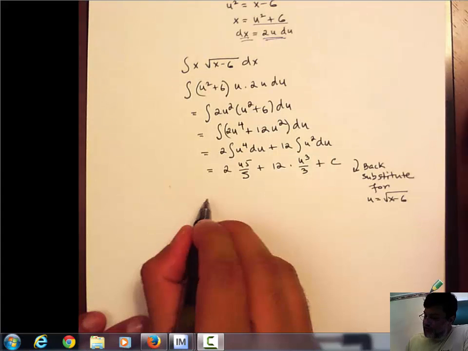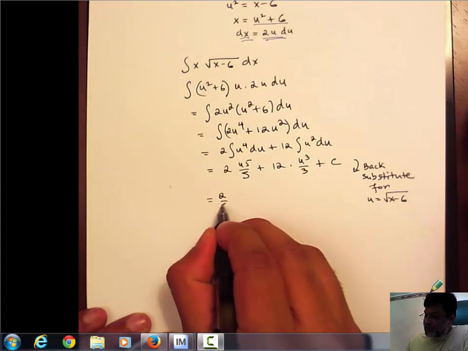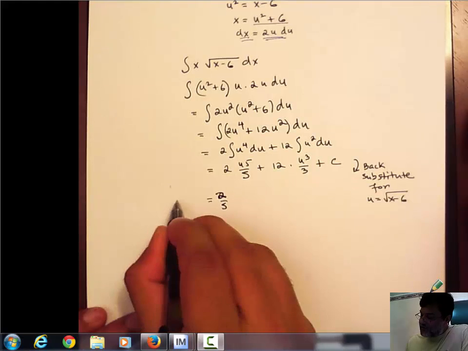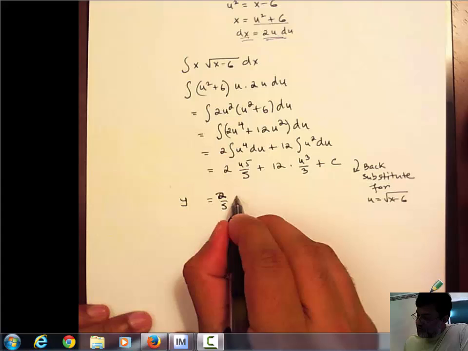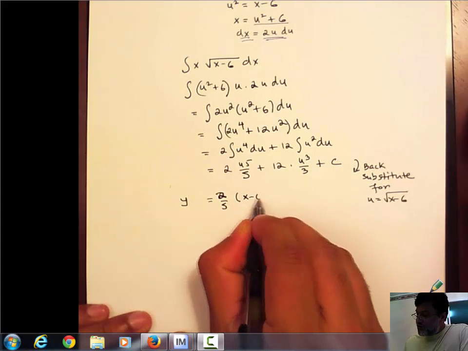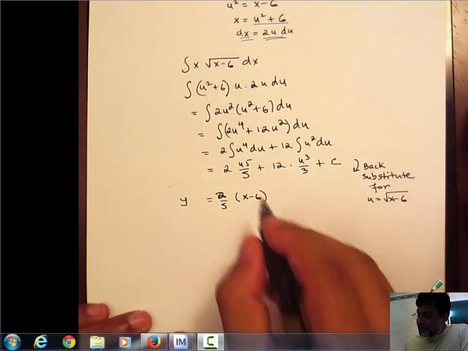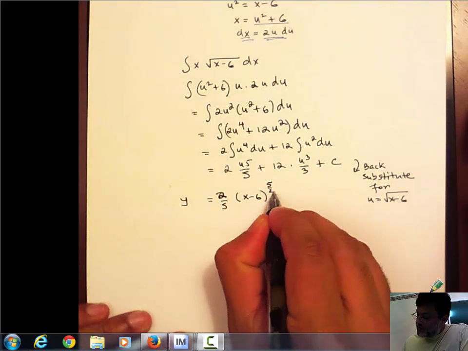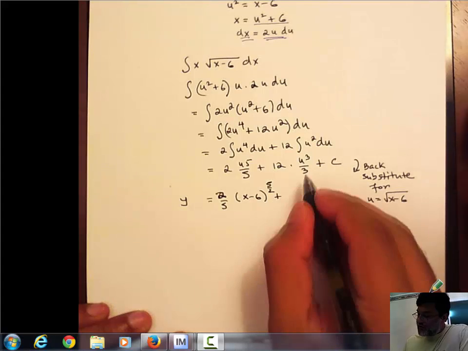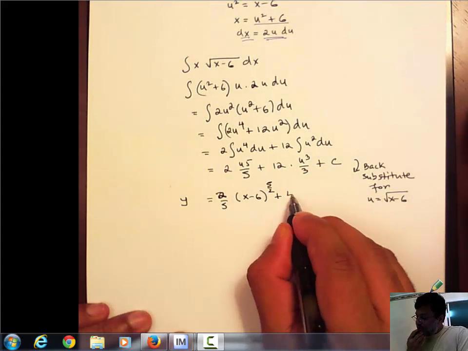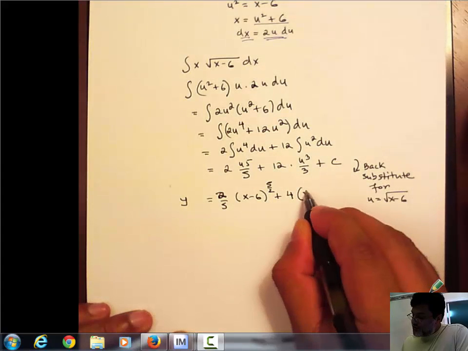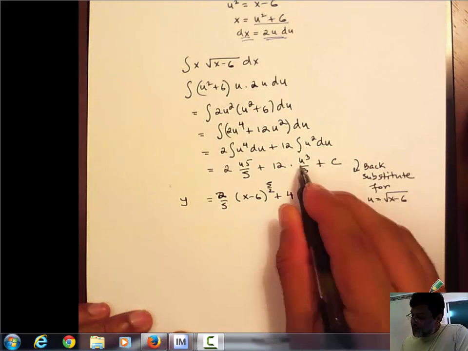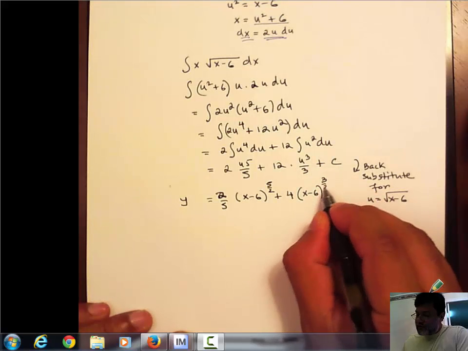So this is 2/5 times x minus 6, the square root being the half power, so this is the 5/2 power, plus 12 divided by 3 is 4u cubed. So I will write x minus 6 to the 3/2 power, plus c.